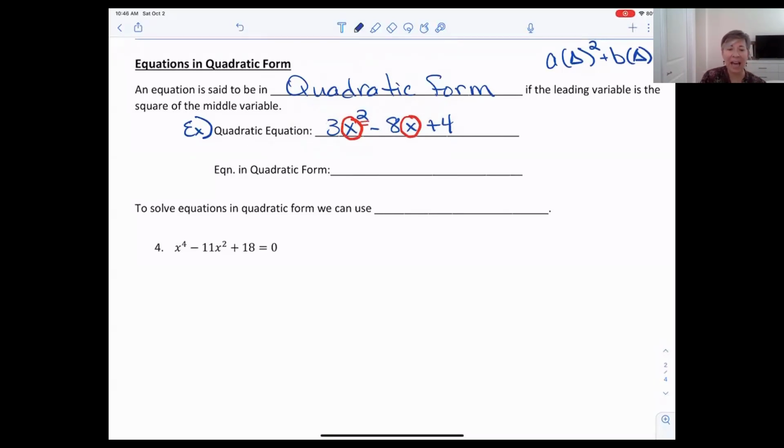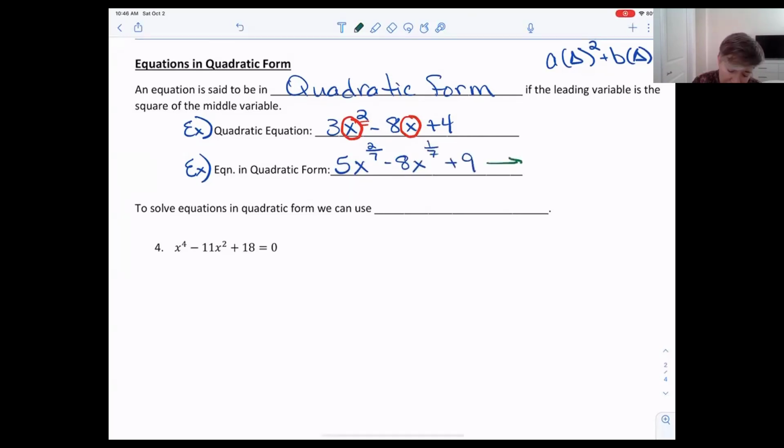If we're looking at an equation in quadratic form, one example might be 5x to the 2/7 minus 8x to the 1/7 plus 9.